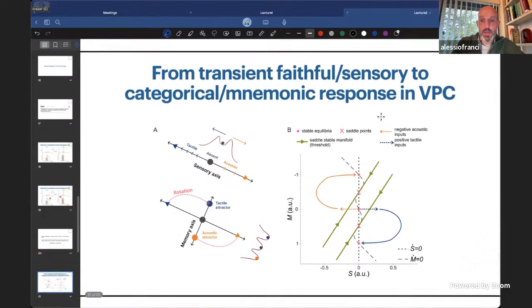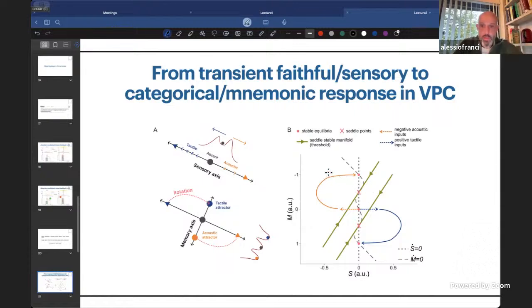Something that emerged from dimensionality reduction analysis of the neural population of the ventral premotor cortex is that when you project the dynamics onto one of the two main principal components, you see this kind of rotational dynamics in which the stimulus arrives, pushes the trajectory out of the equilibrium, and then the neural trajectory does this kind of arch or rotation in the low-dimensional manifold that organizes the population response.